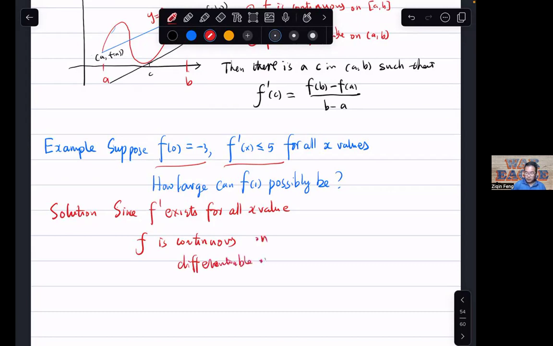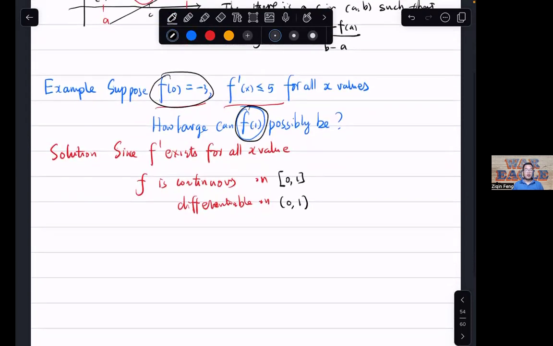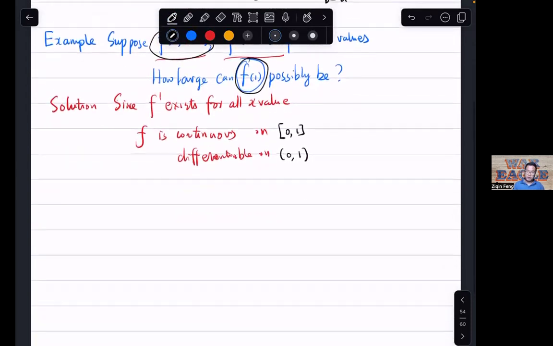Now we have to figure out which interval we want to apply the mean value theorem on. You want to control f of 1 using f of 0. So clearly the interval should be [0, 1]. This function is for sure continuous on [0, 1] closed, and differentiable on the open interval (0, 1).